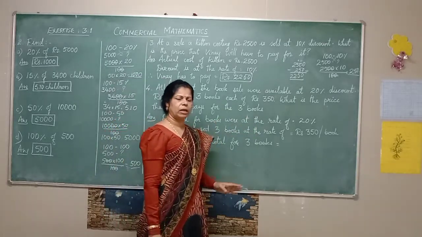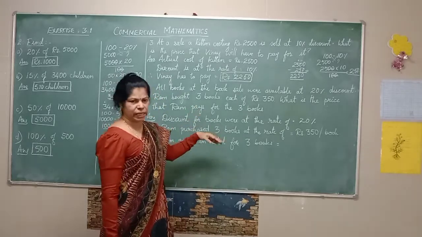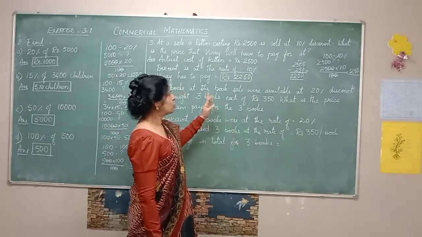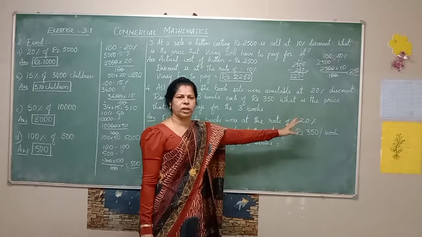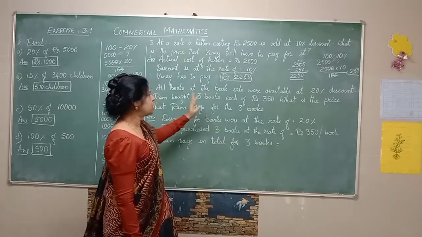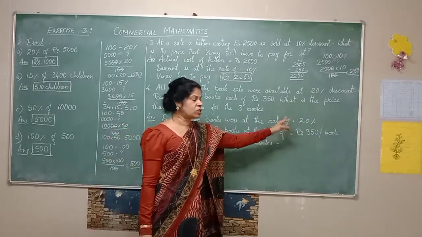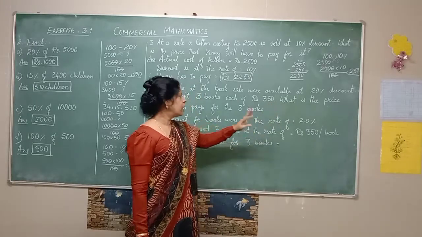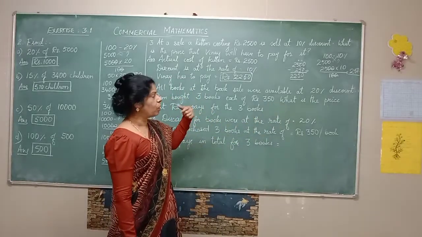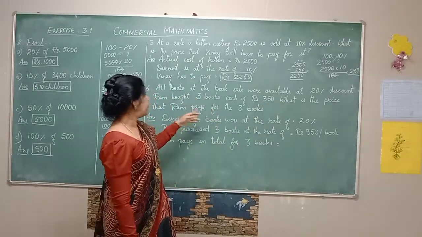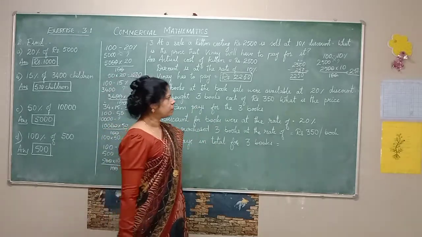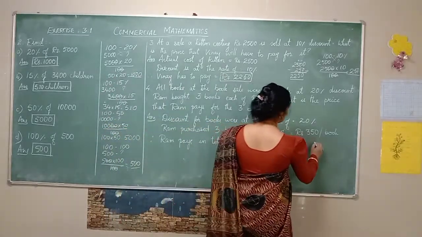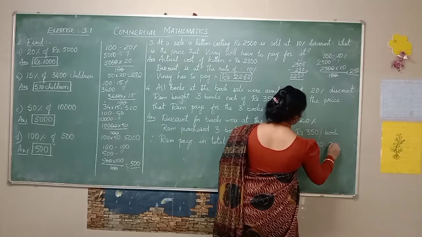So he went to the shop where there was a sale of books. He saw there was a board 20% discount on every book. So Ram purchased 3 books and every book was costing 350 rupees. Totally he bought 3 books. So what is the total amount he has to pay? Now let us see. For 100 rupees, the discount was 20%.